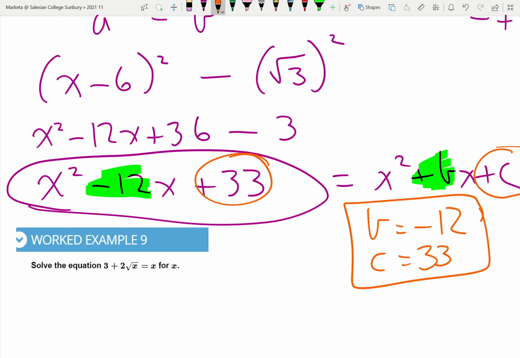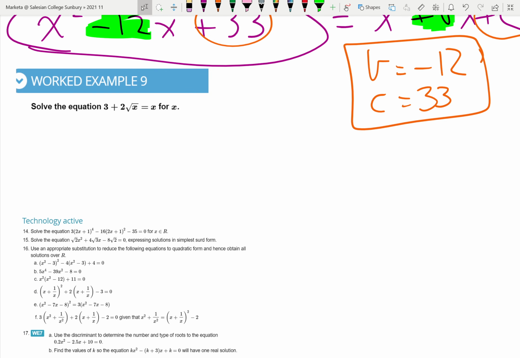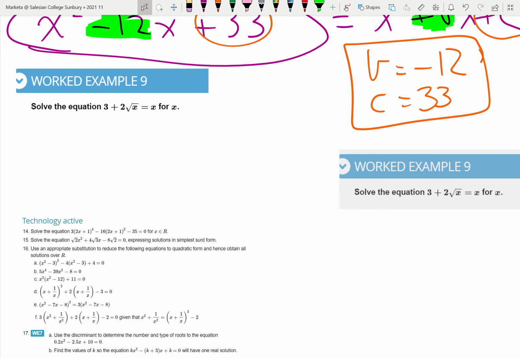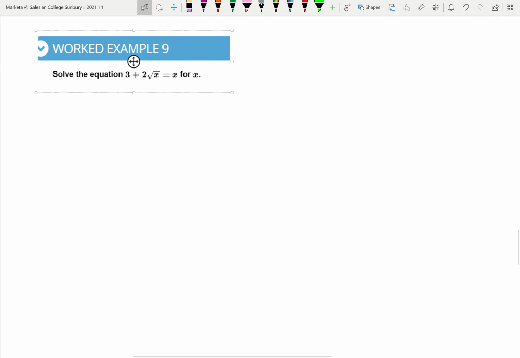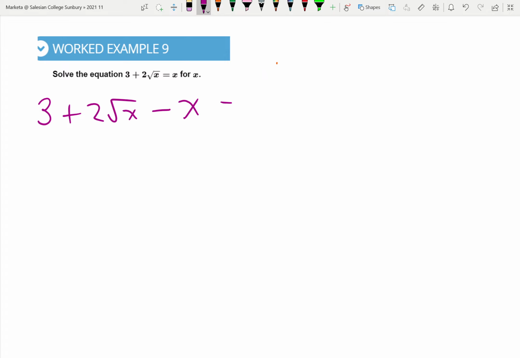So, last one, and I'm going to have to move it away because I am absolutely running out of room. So, this is a little bit hard, but if you can identify that it is a substitution with Z, or A or P or whatever you want for your letter, then you're going to be okay. I'm going to make it equal 0: 3 plus 2 root x minus x equals 0.